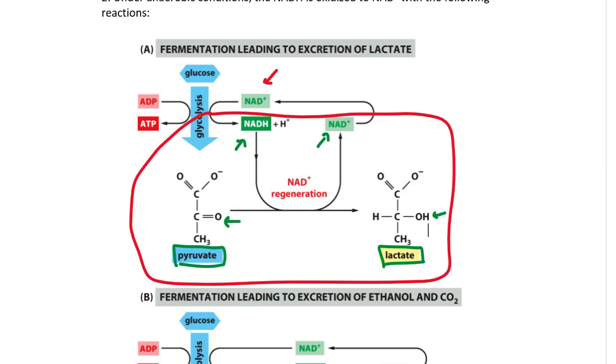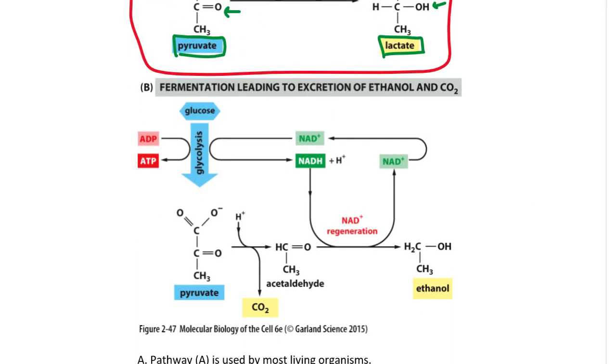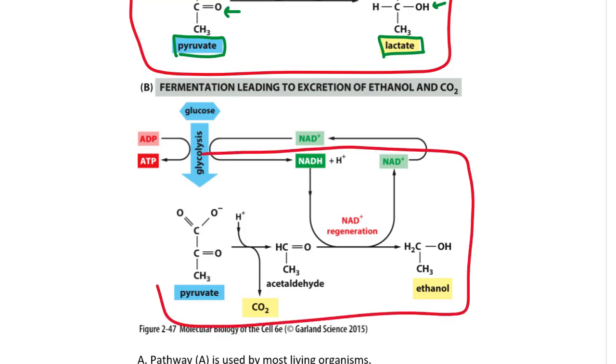Now in the second reaction, the one that occurs in yeast, you have the same thing. You have a reaction right here that will reconstitute the NAD+ pool. In this case, it's two steps. Pyruvate initially loses a carbon and becomes acetaldehyde. And then acetaldehyde is reduced.